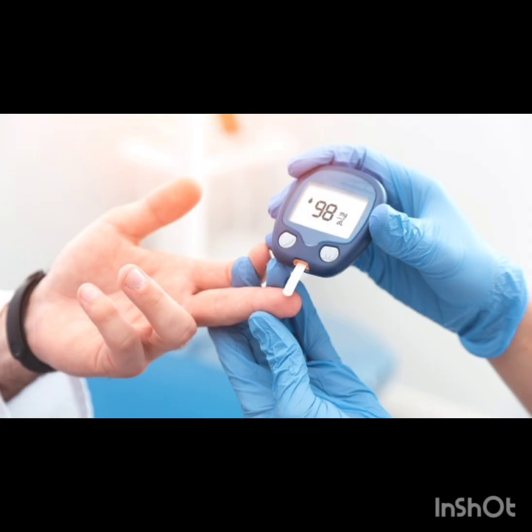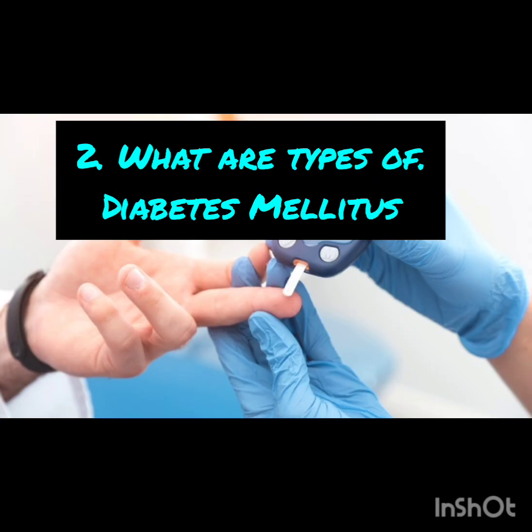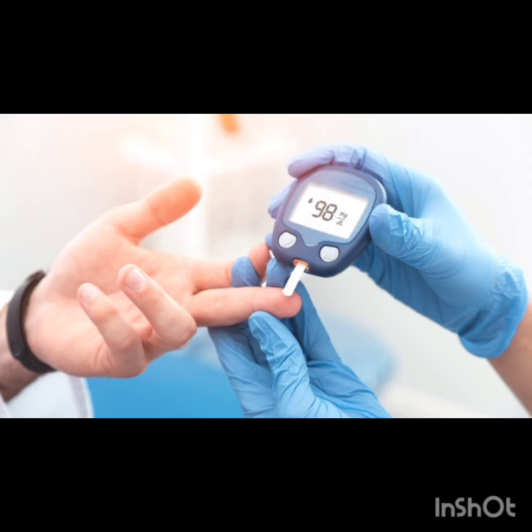So we have two types of diabetes mellitus. The first type is called type 1 diabetes mellitus. The second type is called type 2 diabetes mellitus.